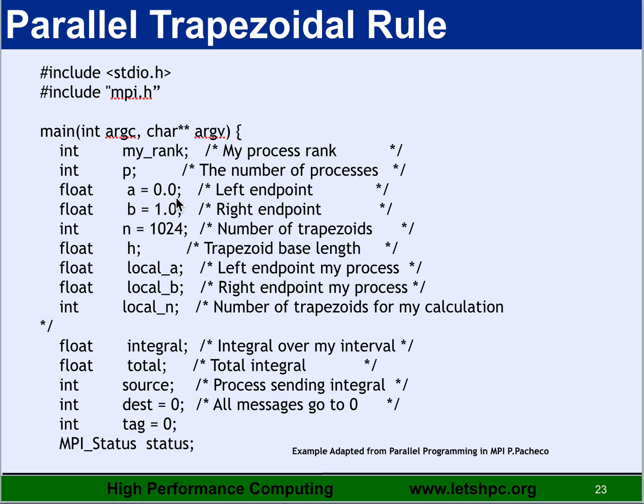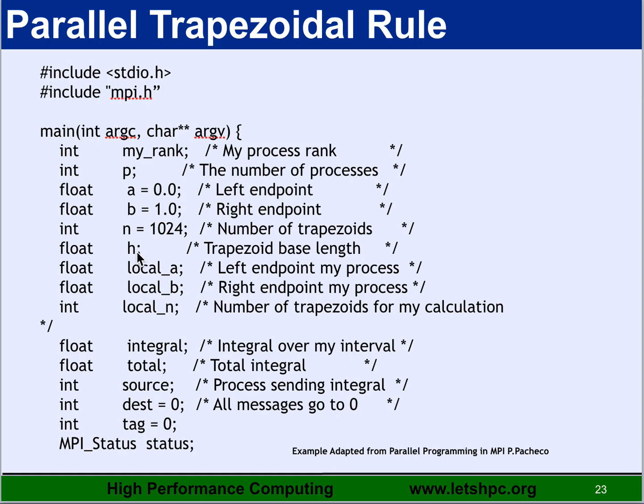This is not the local, this is the actual problem left endpoint and the actual problem right endpoint. So this is the start, this is the end. You are trying to integrate a function between 0 and 1, the number of trapezoids is 1024, and the base length is h.